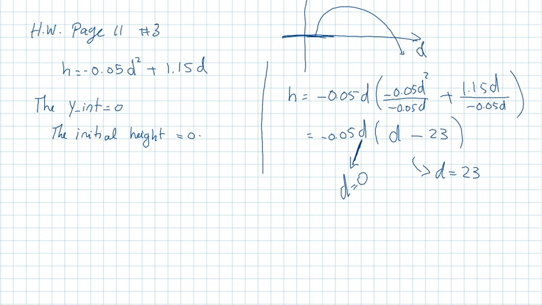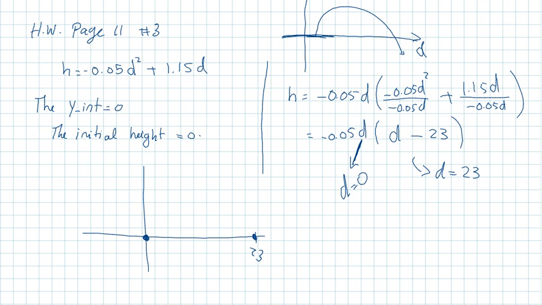It's two at the same time. It's a y-intercept and an x-intercept. So let's see how that plays. If I graph this, he starts right here, he goes up, and then he lands at 23. This is what I know so far.